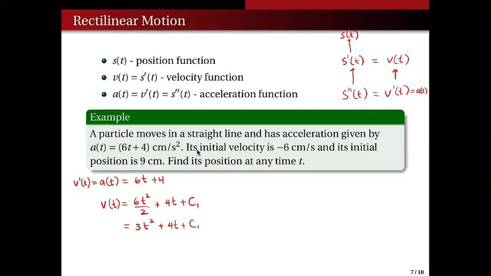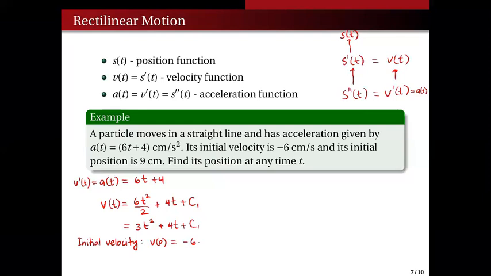It is said that the initial velocity is negative 6 centimeters per second. By initial, it means t is equal to 0. So the initial velocity is the velocity at t equals 0, and it's said it's negative 6.